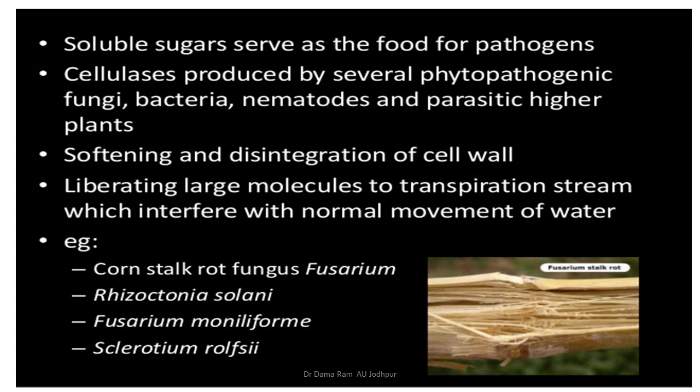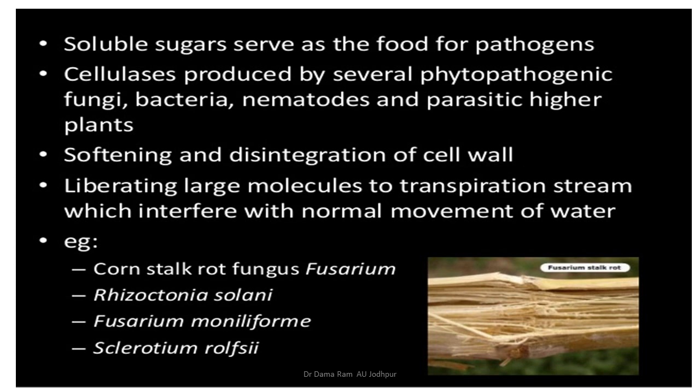So cellulase is produced by several phytopathogenic fungi, bacteria, nematodes and parasitic higher plants, causing softening and disintegration of the cell wall. This liberates large molecules into the transpiration stream of water translocation, which interferes with the normal movement of water, mostly in wilt-causing fungi and bacteria.